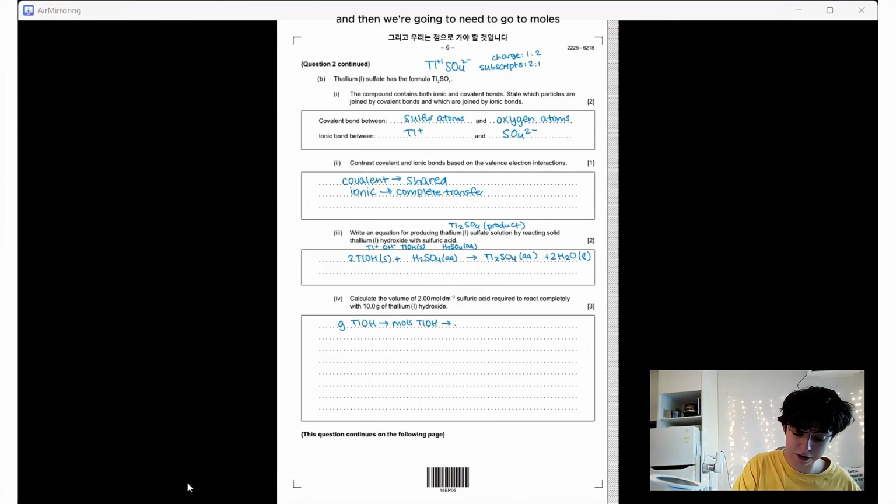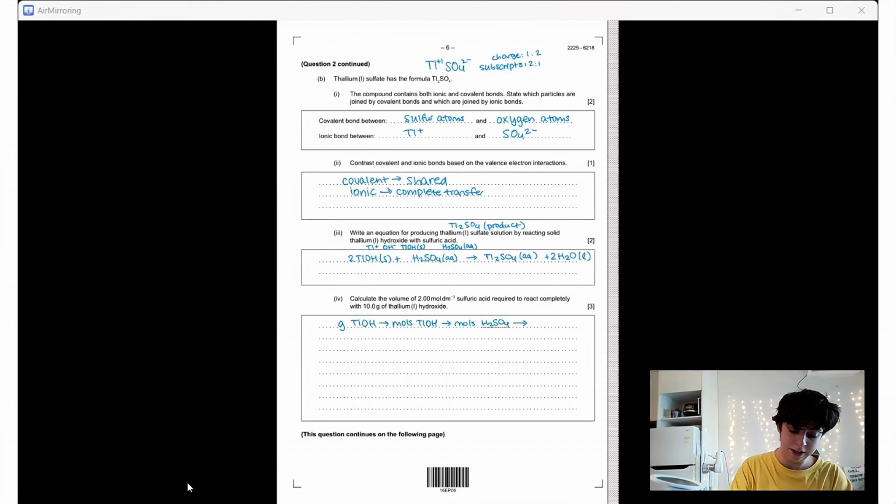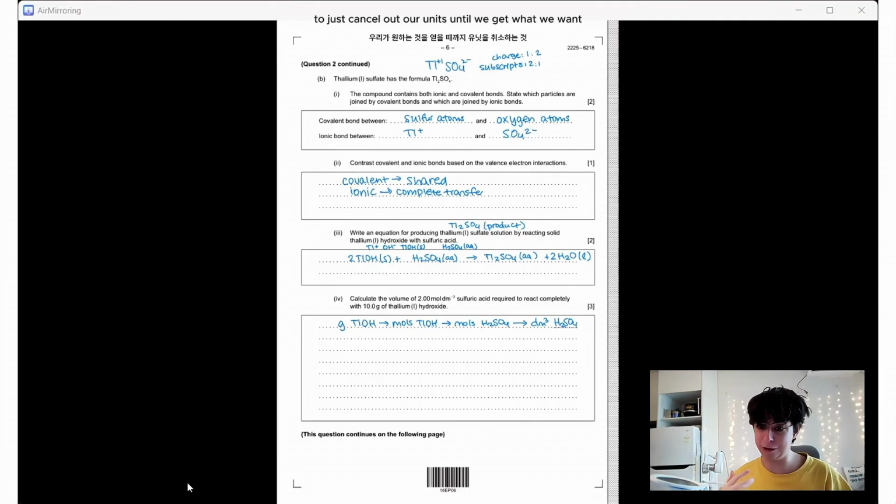Then we're going to need to go to moles of our sulfuric acid that is required using the ratio from the balanced equation. We're just doing some dimensional analysis here, canceling out our units. And then we need to go to our volume in dm³ of our H2SO4 using our concentration that we are given, to just cancel out our units until we get what we want.